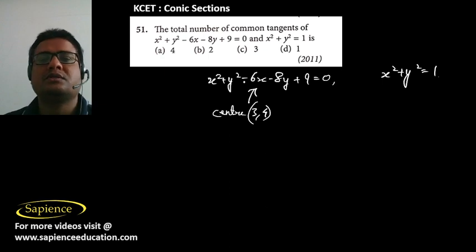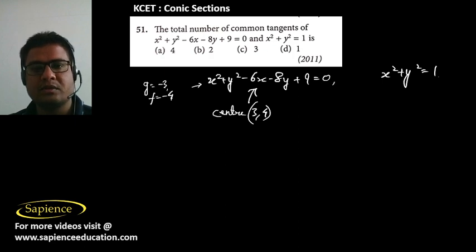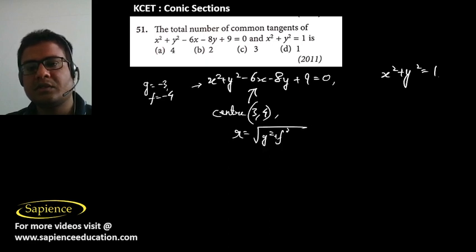So here obviously g is minus 3 and f is minus 4, so minus g comma minus f is 3 comma 4, and here the radius is square root of g square plus f square minus c, so that will be square root of 3 square plus 4 square minus 9.